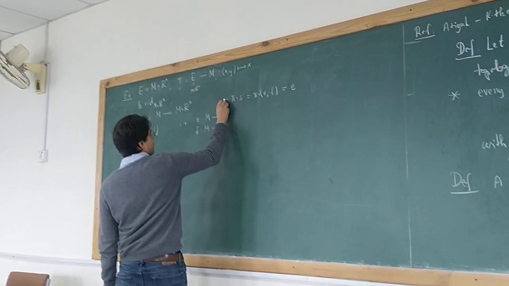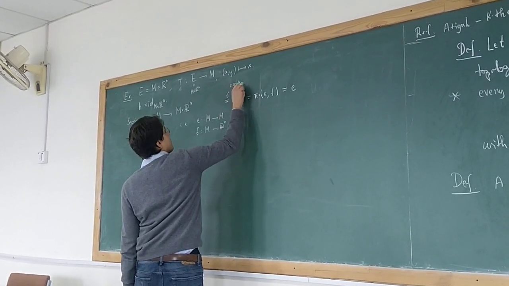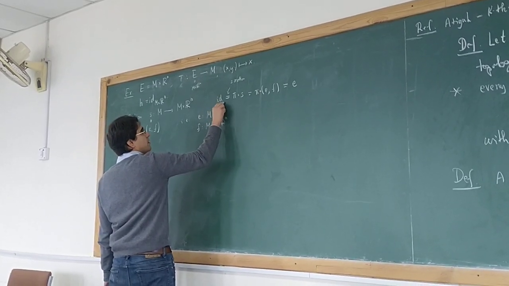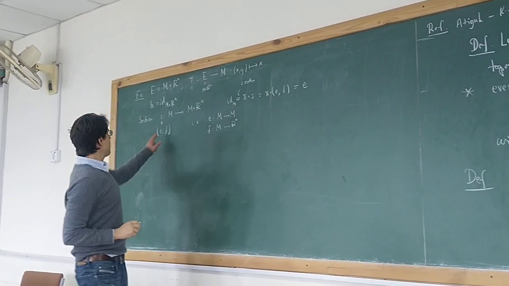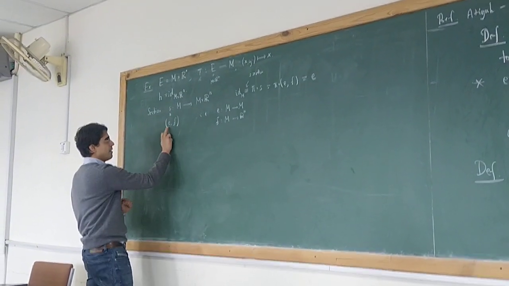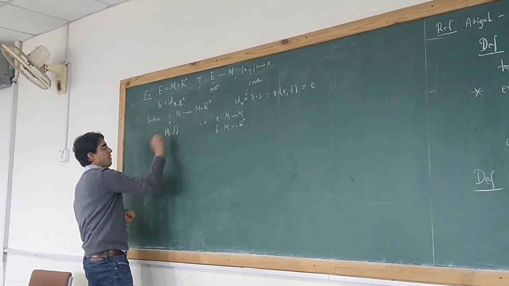And the requirement for a section was that this is the identity. So we find that the condition for an arbitrary map from M into M cross Rn to be a section is that this e component is actually the identity.